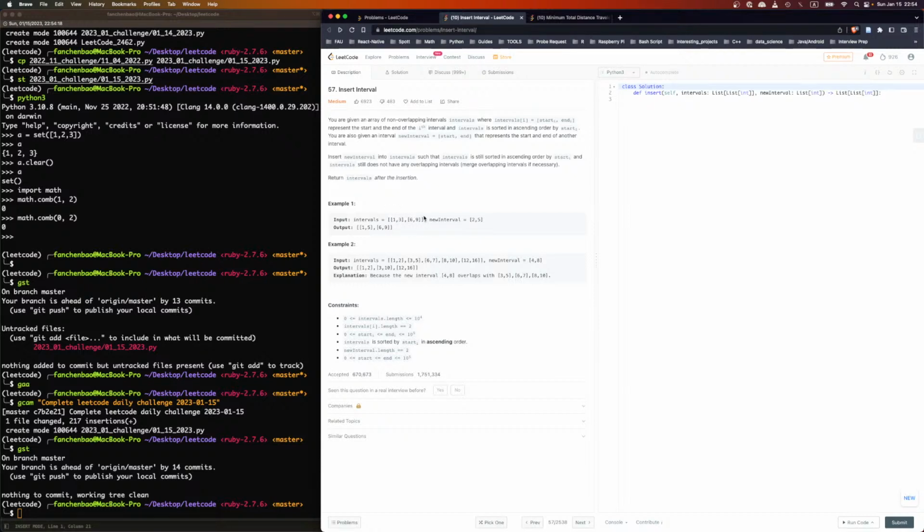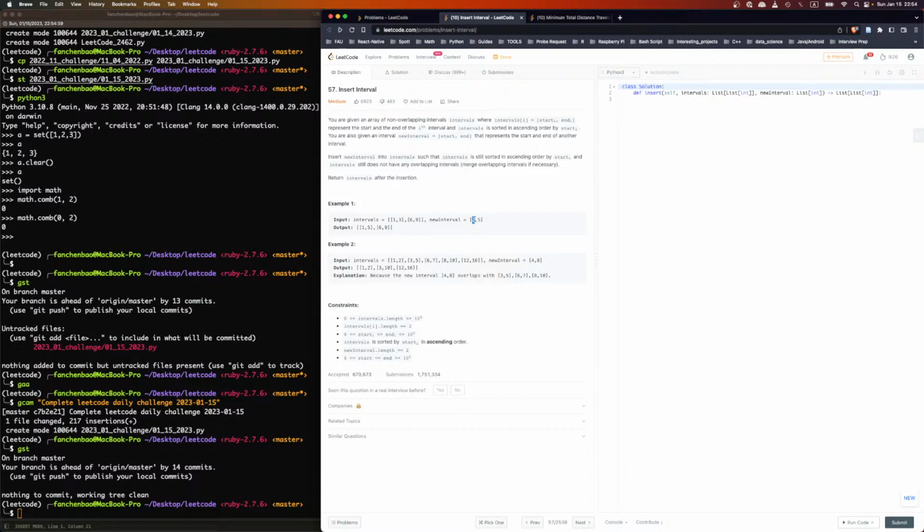This is a very basic kind of problem. I've done a problem where we have to insert new intervals every single time, n times. So it's already sorted, right? So it actually makes it easier. All we need to do is binary search the start.